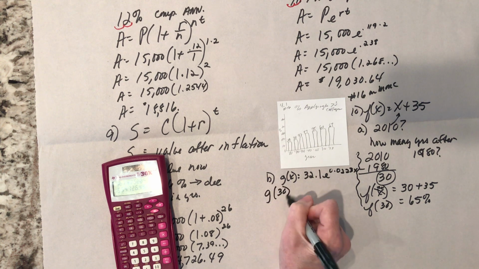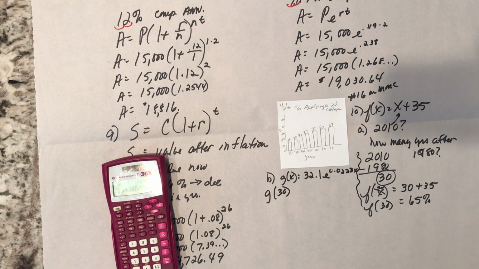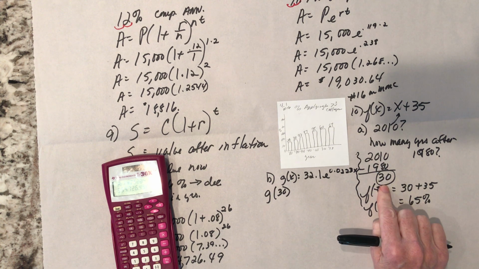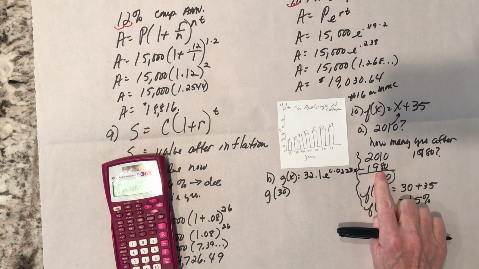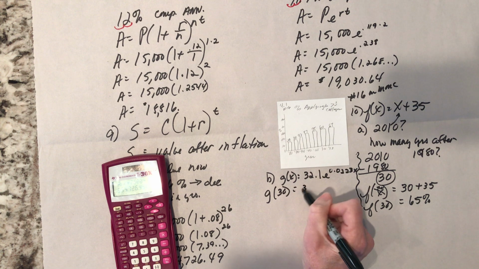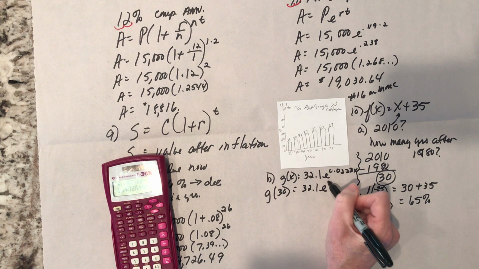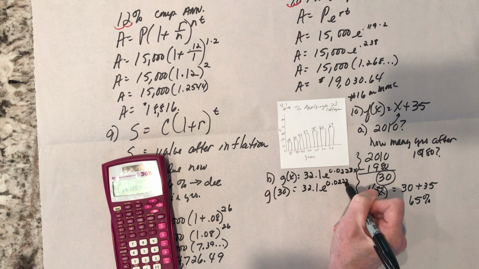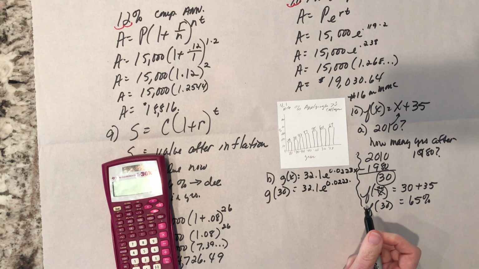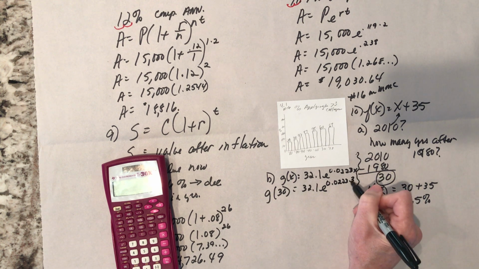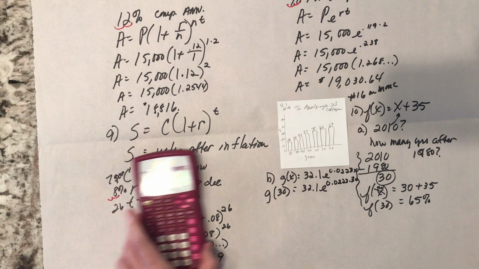So same data. We're looking at 2010. That's 30 years after 1980. 32.1 times e to the 0.0223 times 30 years. So let's grab your calculator for that.